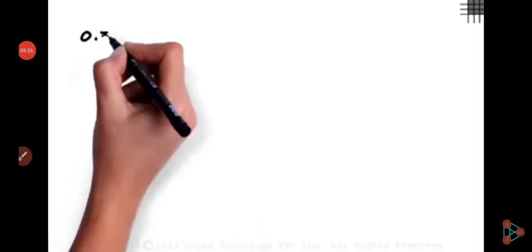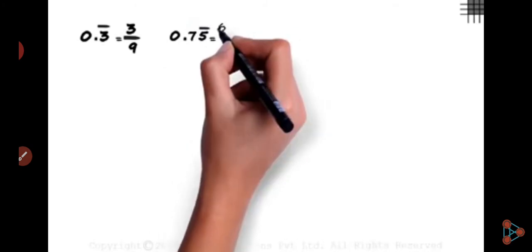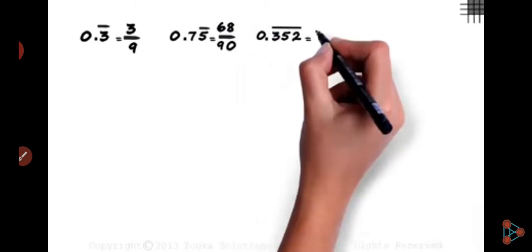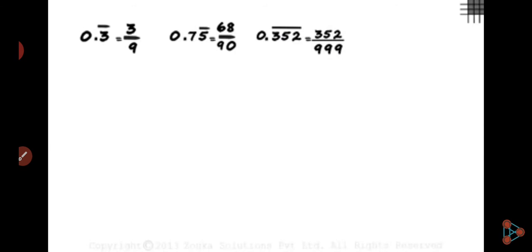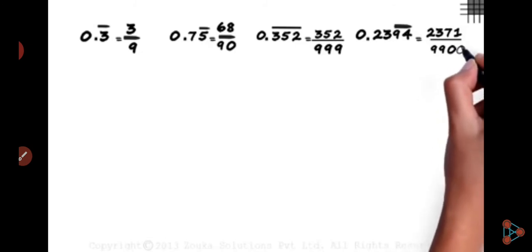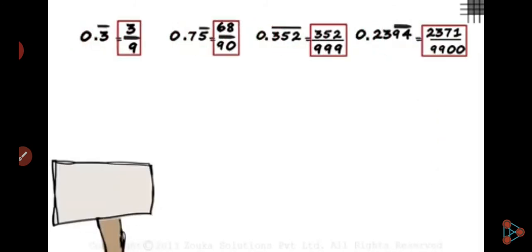So students, see, in the last four examples, what we did is: 0.3 bar is equal to 3/9, 0.75 bar is equal to 68/90, 0.352 bar is equal to 352/999, and the fourth one we did: 0.2394 bar is equal to 2371/9900. Okay, now let's see the shortcut method.